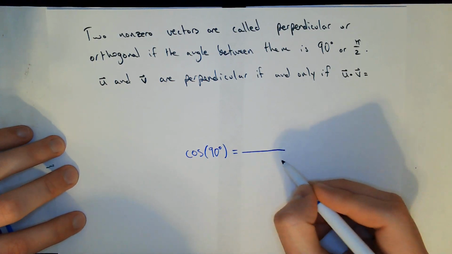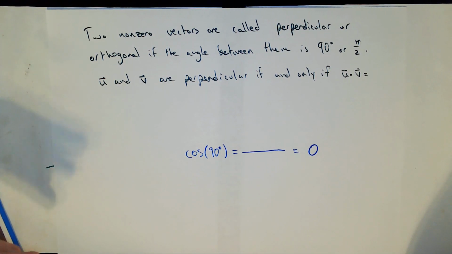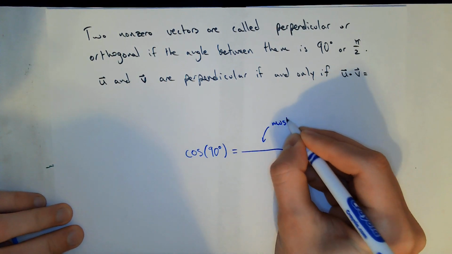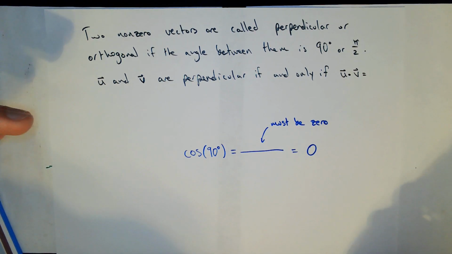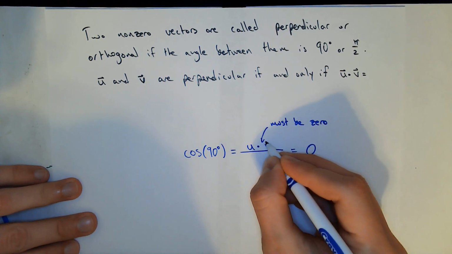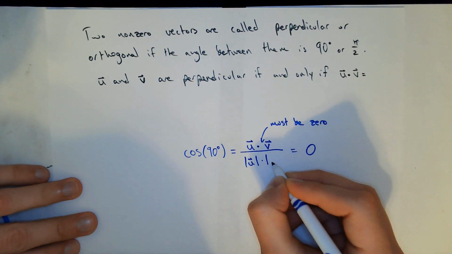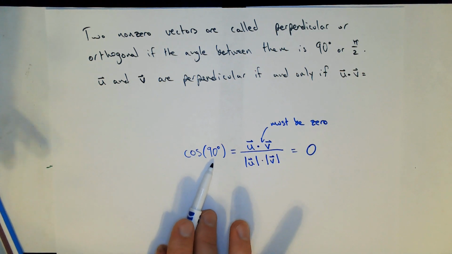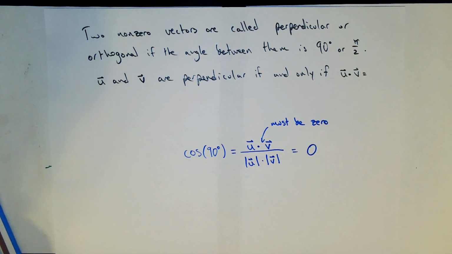There's stuff up here, stuff down here, but what is cosine of 90 degrees? Well, it's 0. Okay, so what does that mean about the numerator up here? It must be 0. But what is the numerator? It was the dot product, right, in the formula, u dot v. And down here, it doesn't say anything about the magnitudes. But if the angle between two vectors is 90 degrees, then the dot product between them must be 0.